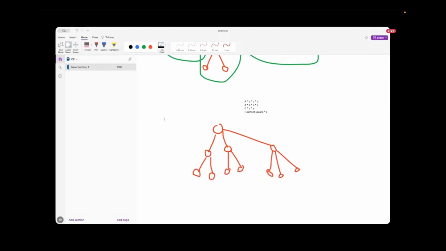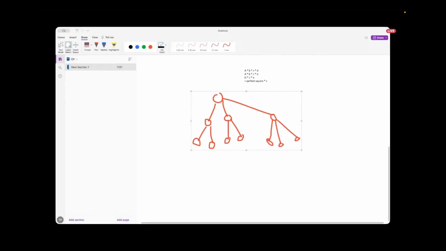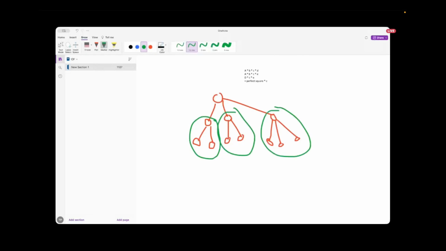I'm gonna copy paste that first. Now, let me draw our three subtrees again. And what if we have two nodes over here, for example, and then one node over here?